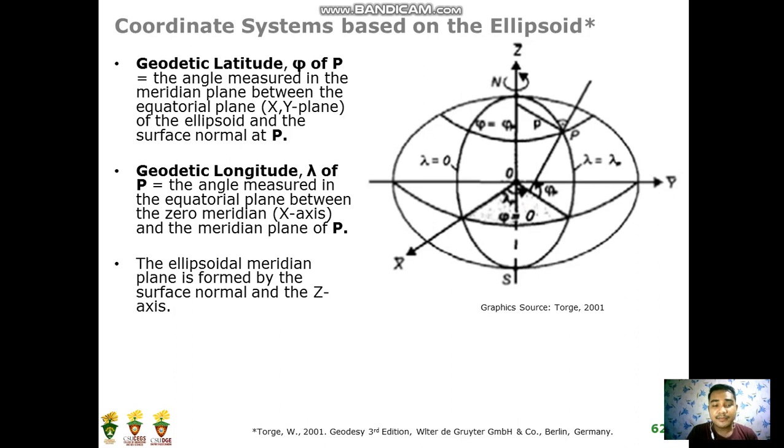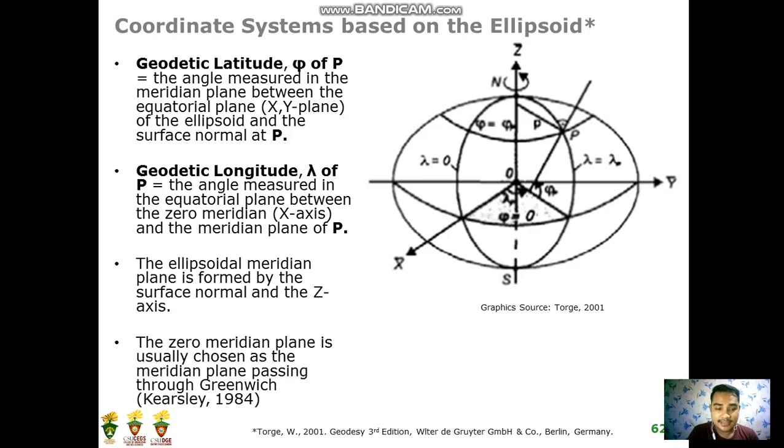That is the geodetic longitude. The ellipsoidal meridian plane is formed by the surface normal and the z-axis, and the 0 meridian plane is usually chosen as the meridian plane passing through Greenwich. We already know that our 0 meridian is at Greenwich.